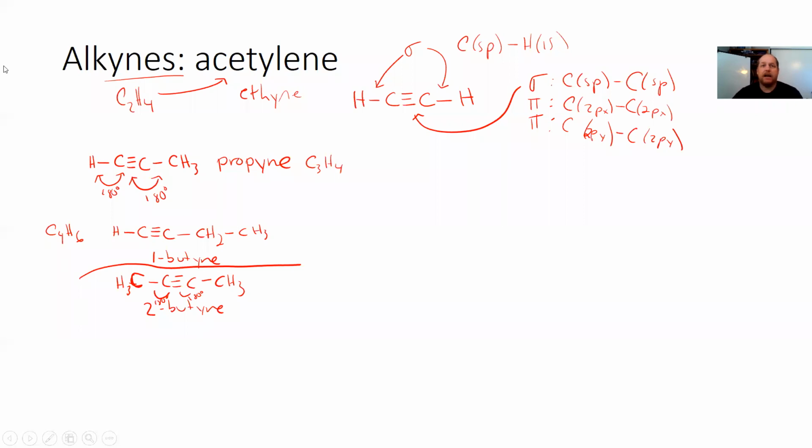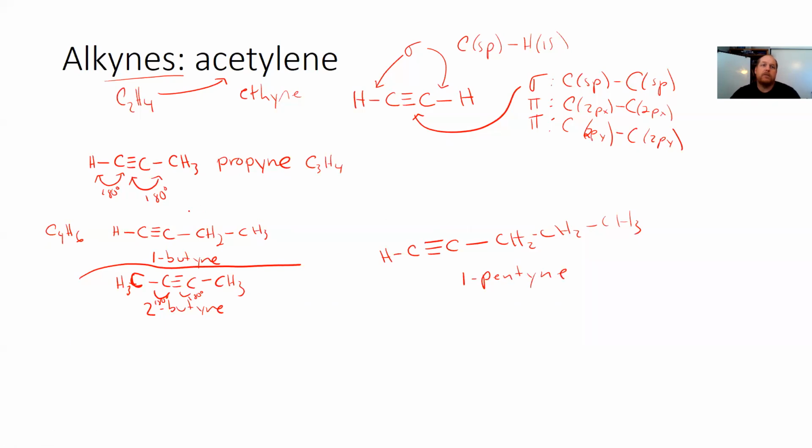And so if you have, for example, something like this, where the triple bond is on the end. So here's CH2, CH2, CH3. So this would be, there's 1, 2, 3, 4, 5 carbons, so 1-pentyne.